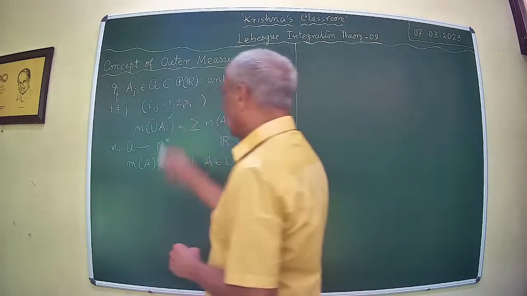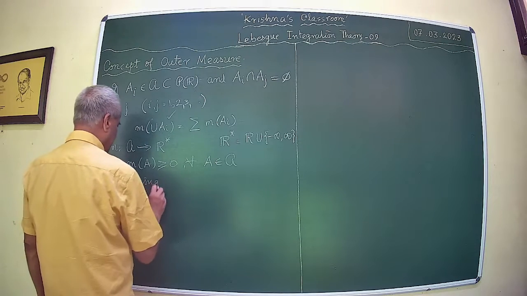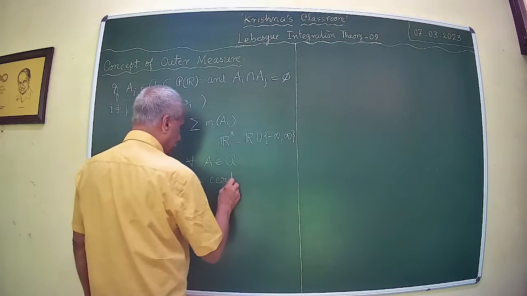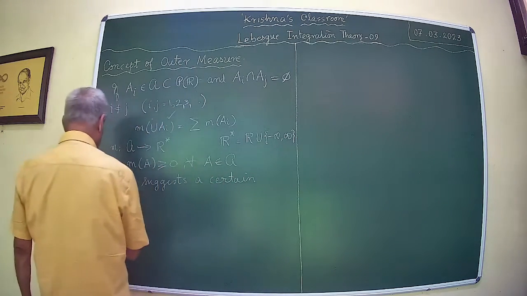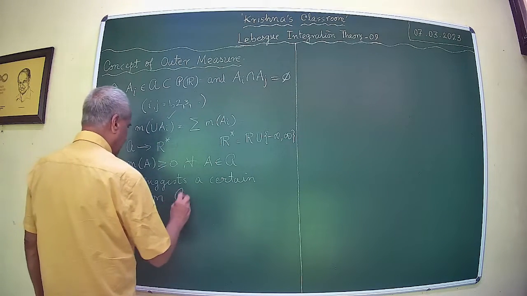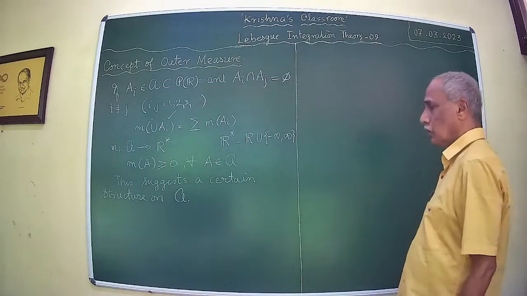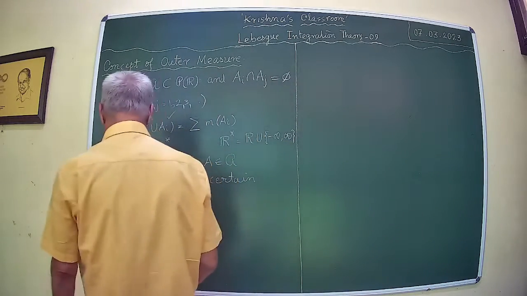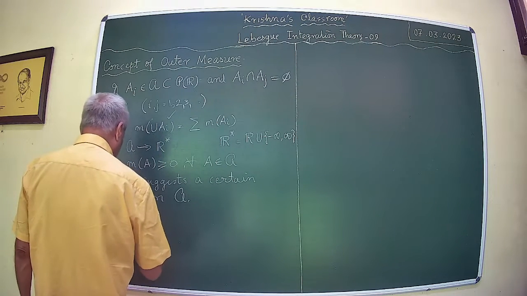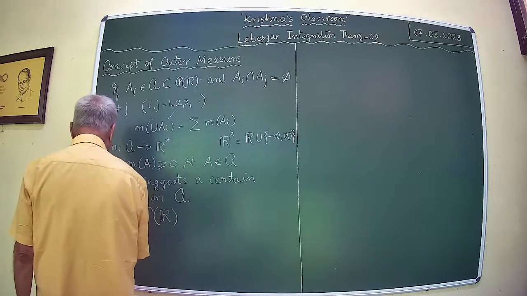Therefore, the collection A suggests a certain structure on the class. What is it? That A is a subcollection of the power set of R, that is the first requirement.